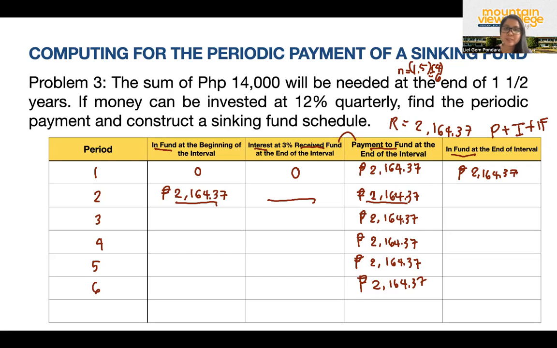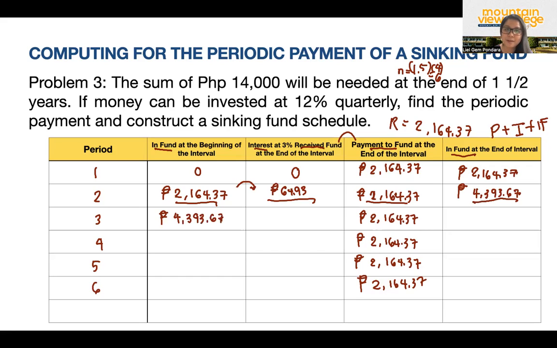Okay, now, where is row V? How much is the interest, Rovi? 64.93. Total savings, Vince? 4,393.67. Okay, good. So at the end of the interval, I'm only copying this one, 4,393.67.